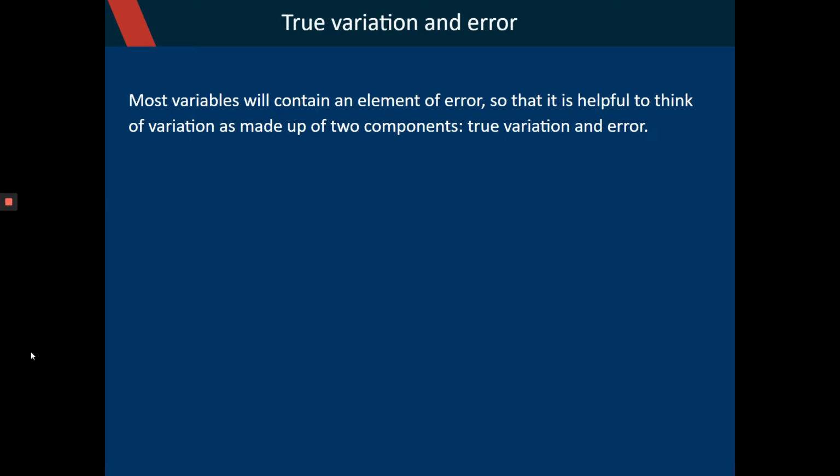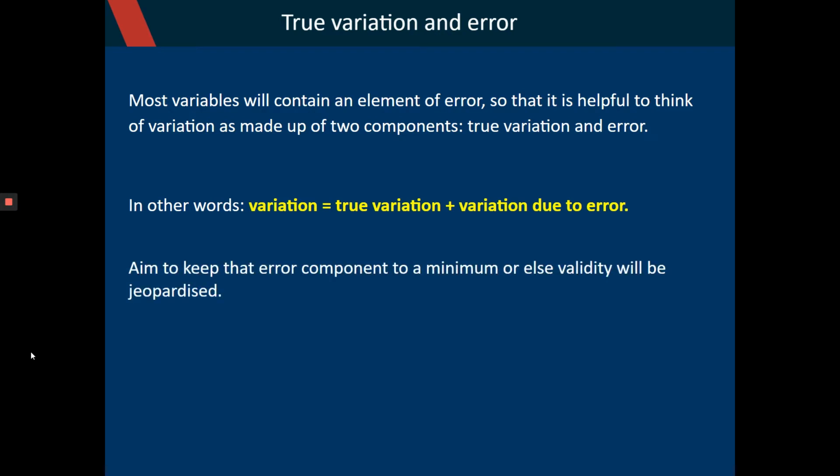That true variation is actually what we're interested in. We want to see what causes different people to have different views or for different things to happen. In other words, variation equals true variation plus variation due to error. The aim is to keep that second component, the variation due to error, minimized. Because if we minimize that noise, we get to see the true signal, what is actually happening in the data.